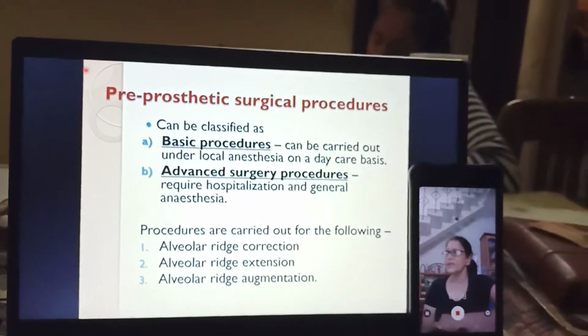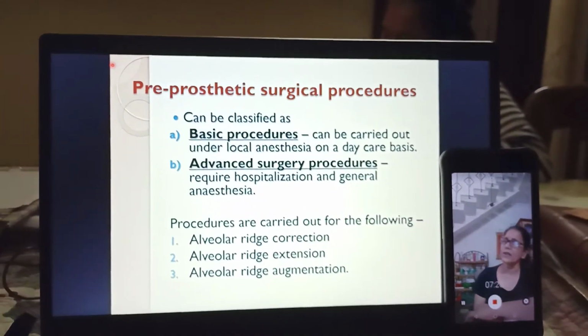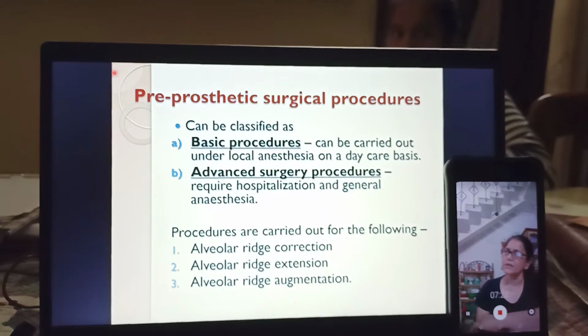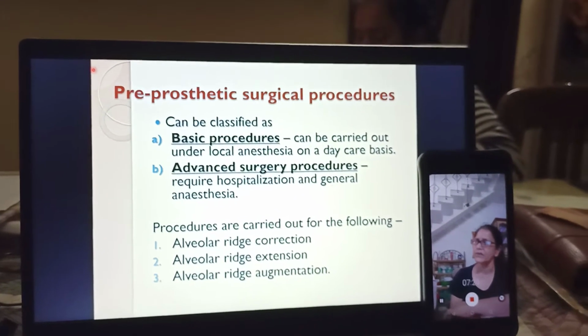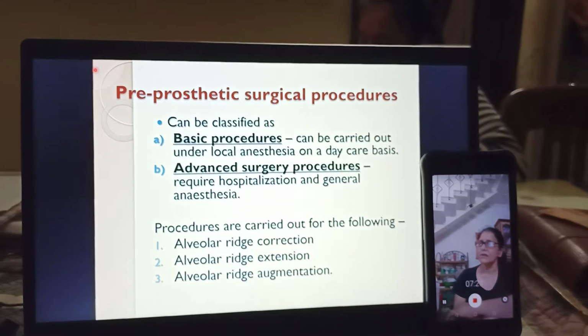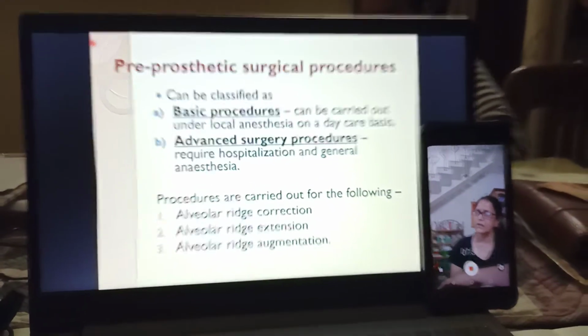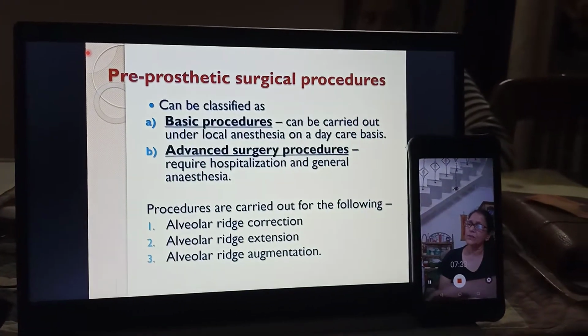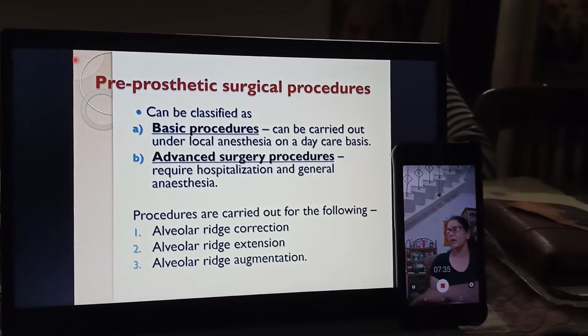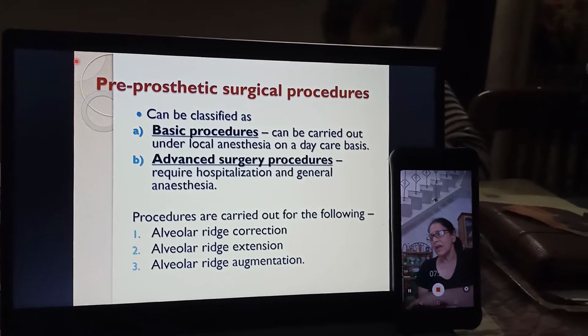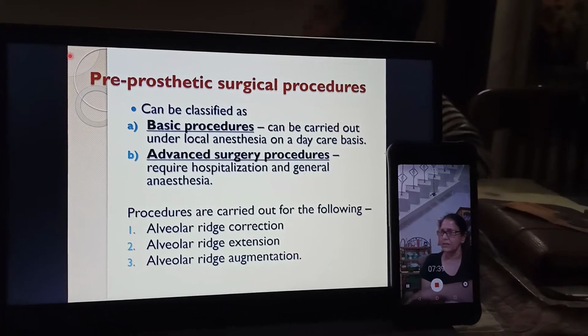Coming to the classification, pre-prosthetic surgical procedures can be classified as basic procedures, that is, which can be carried out under local anesthesia. Advanced surgical procedures which may require hospitalization and require general anesthesia.